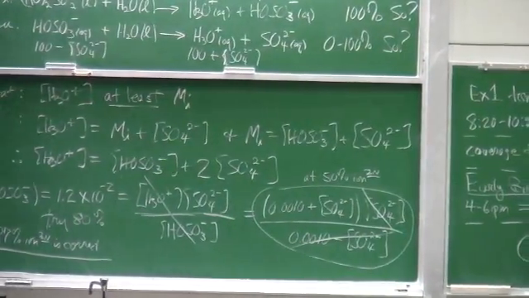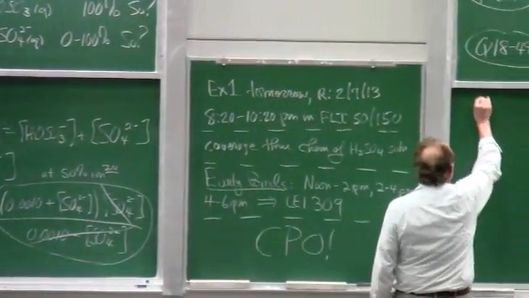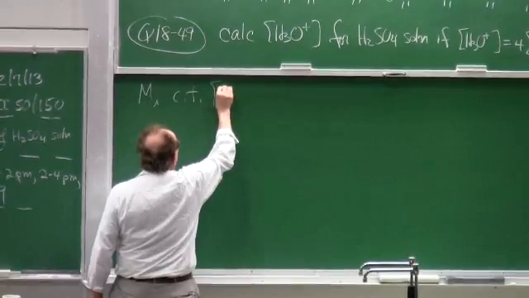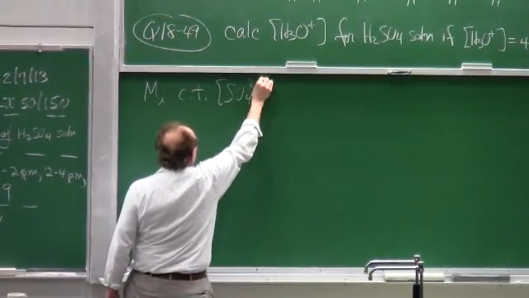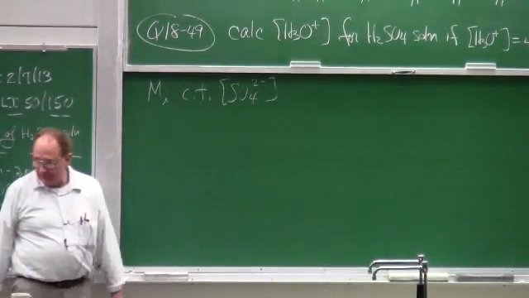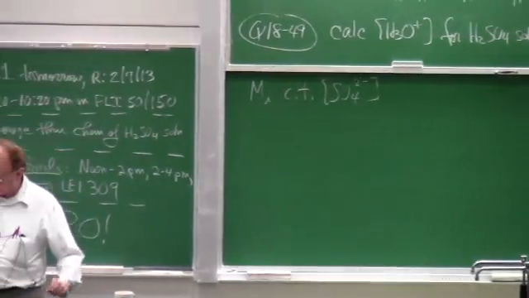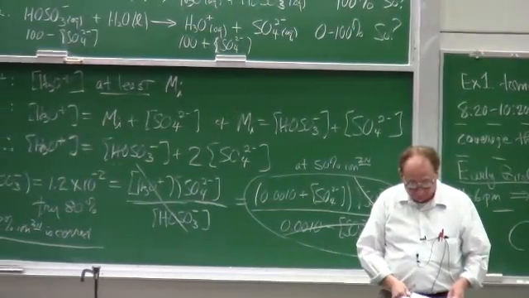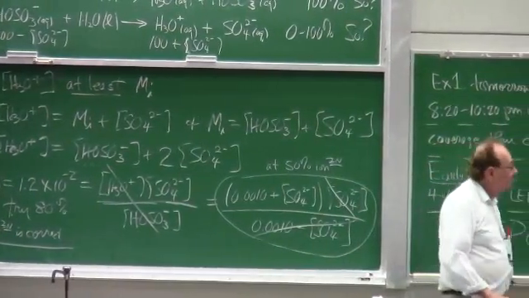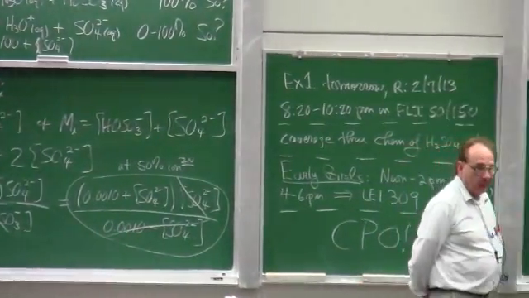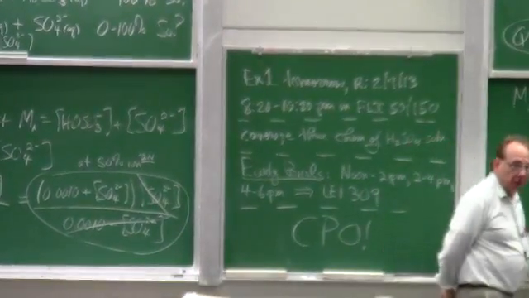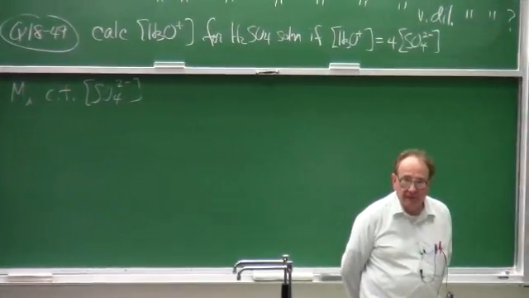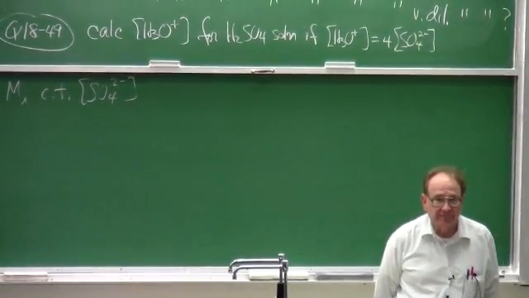Let's start with this. M sub I compared to sulfate ion in this system. What equivalency can we write regarding the label on the bottle, M sub I, and the sulfate ion molarity?